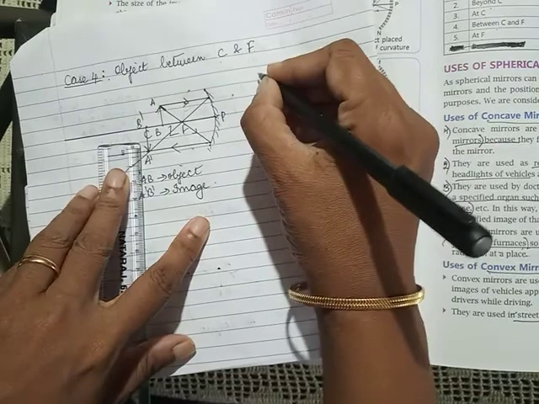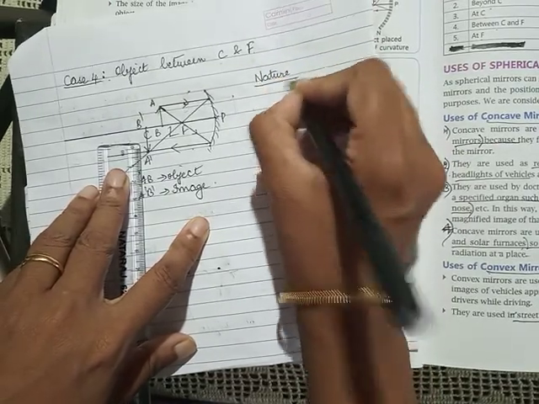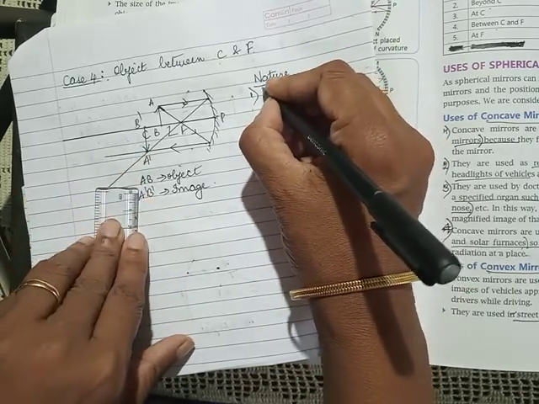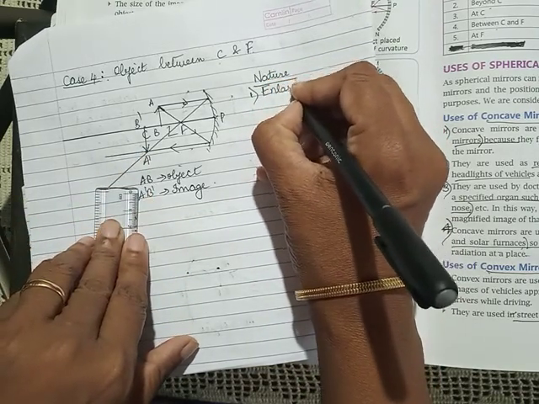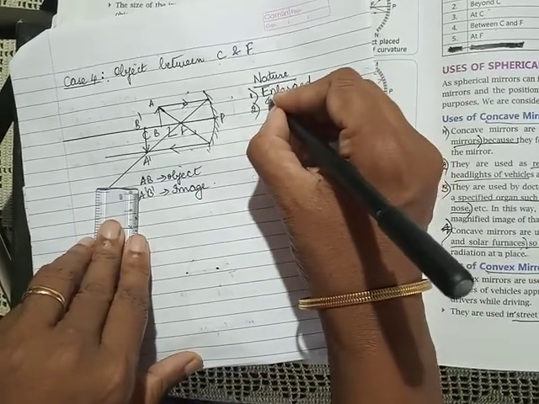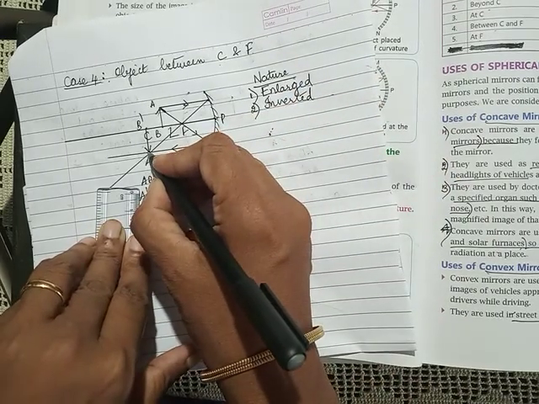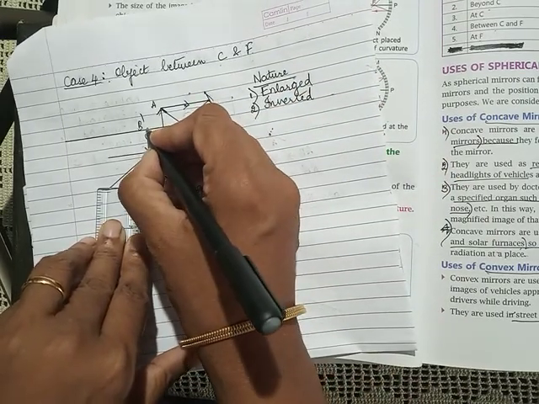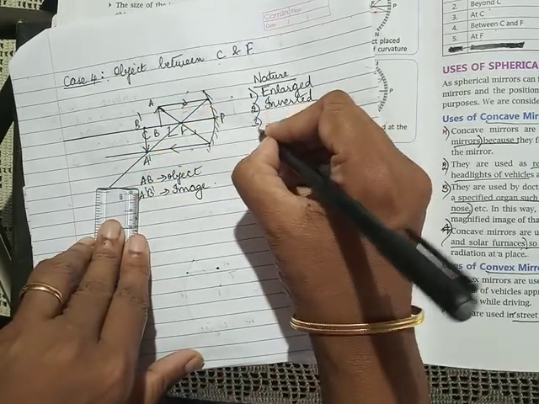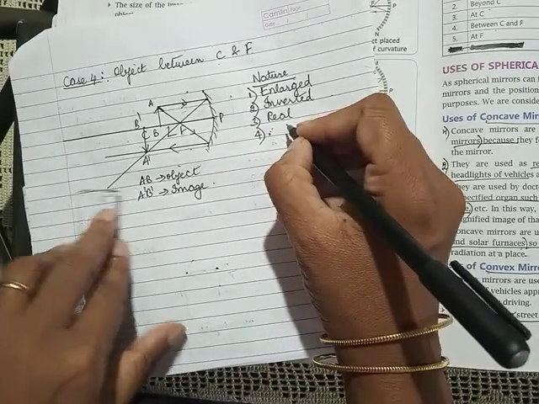Now we are going to write the characteristics or nature of image. First one, size is bigger, we write enlarged. Second, inverted, because A is at the bottom and B is at the top. Here A was at the top, here A is at the bottom. Third, real. And fourth characteristic, where is it formed?